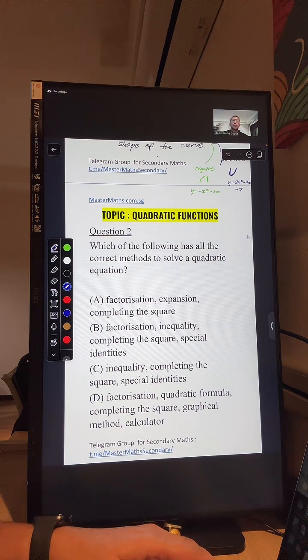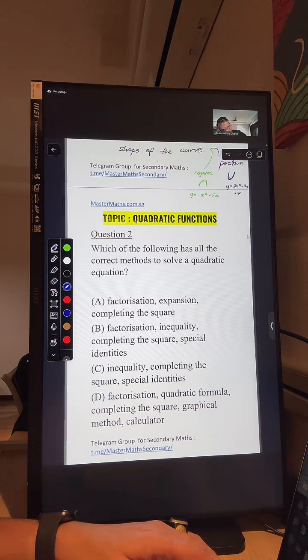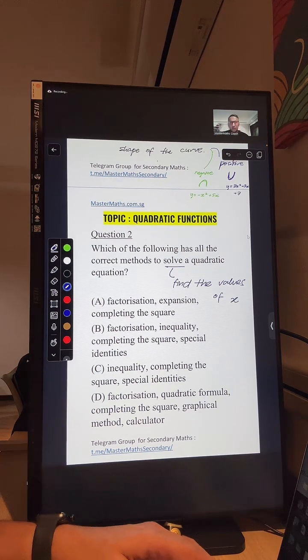So again, when you have a quadratic equation, sometimes the question is asking you to solve the quadratic equation. What do we mean when we want to solve the quadratic equation? That means we want to find the values of x. Why do I put values, not value?